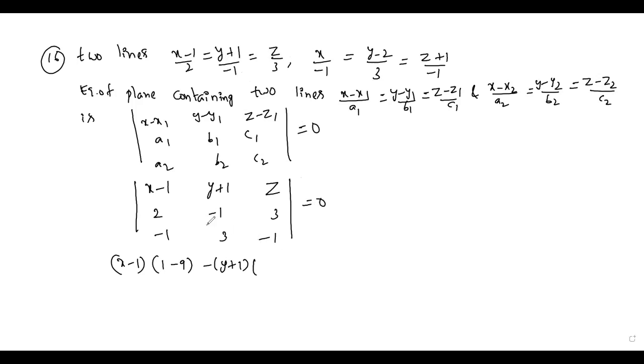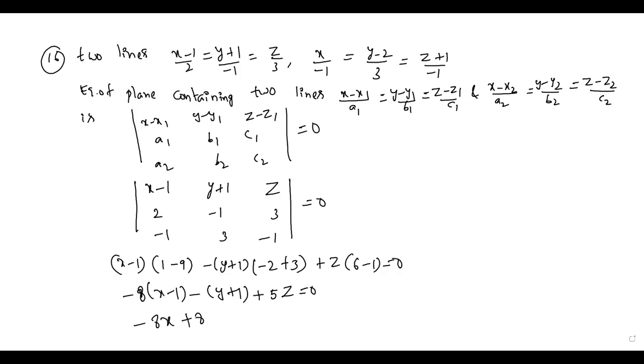Minus of y plus 1 into 2 into minus 1, minus 2 plus 3, plus z into 6 minus 1. I think it is minus 8 into x minus 1, minus 2 plus 3 is 1, total minus y plus 1, 6 minus 1 is 5, that is 5z equal to 0.